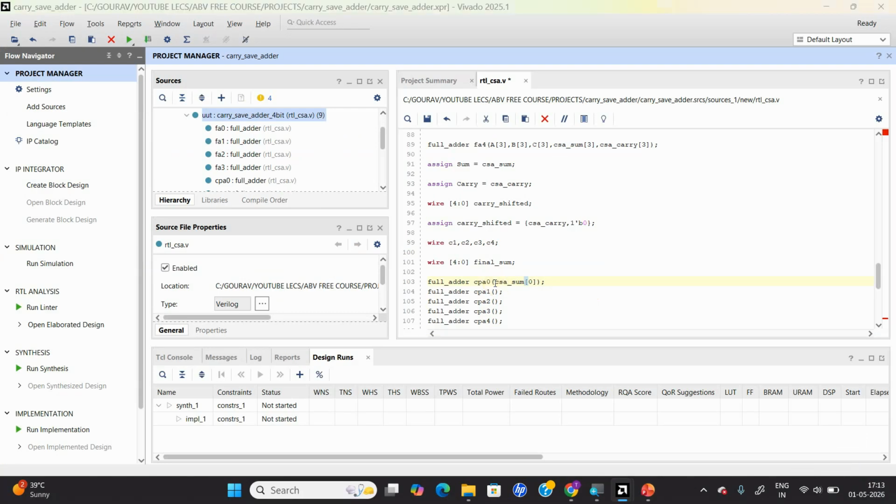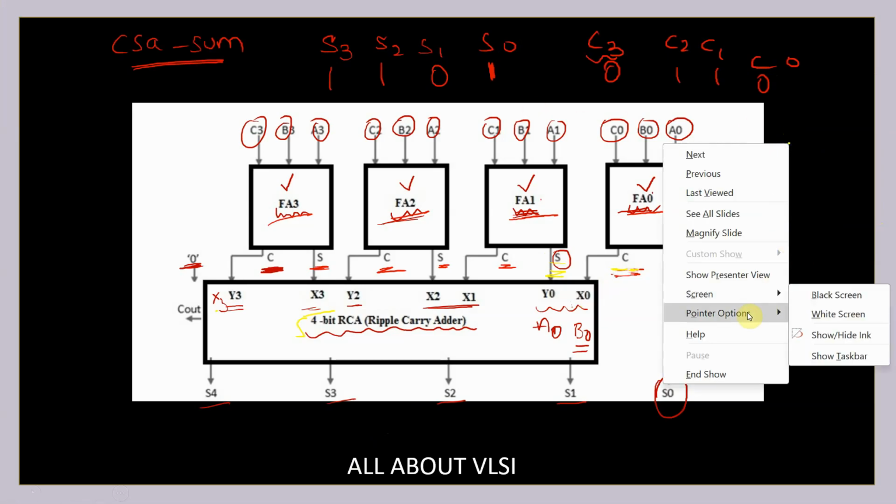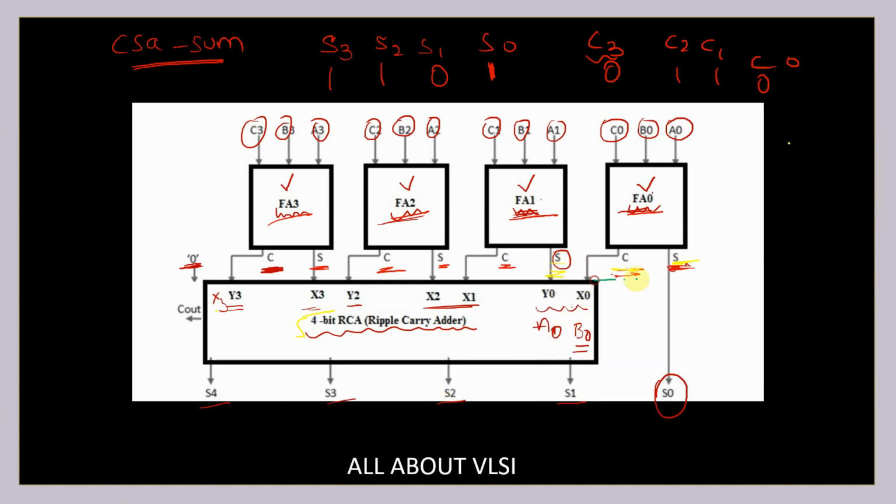Over here it is not shown, but actually we can extend it. Let me draw it over here. So we are extending, and this sum is basically added with 0.